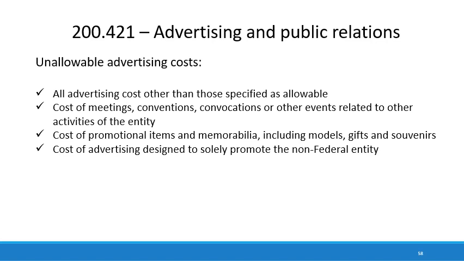Unallowable advertising costs are those advertising costs other than those specified as allowable. This includes the cost of meetings, conventions, convocations, or other events related to other activities of the entity. Also, the cost of promotional items and memorabilia, including models, gifts, and souvenirs, and the cost of advertising designed to solely promote the non-federal entity.